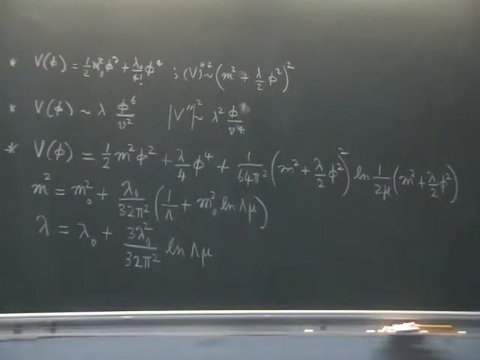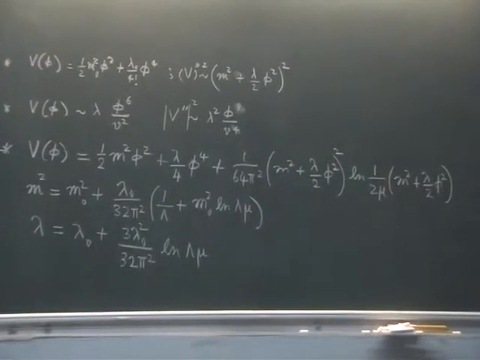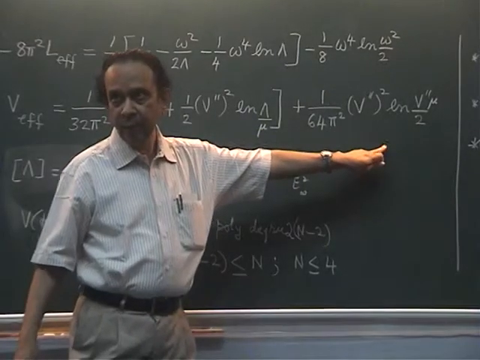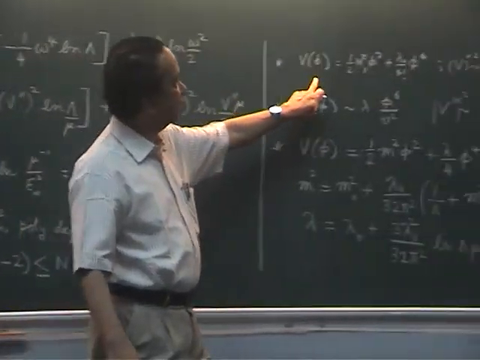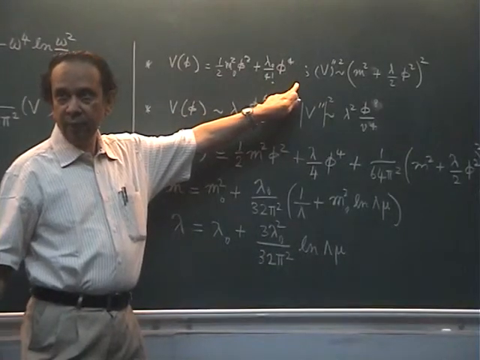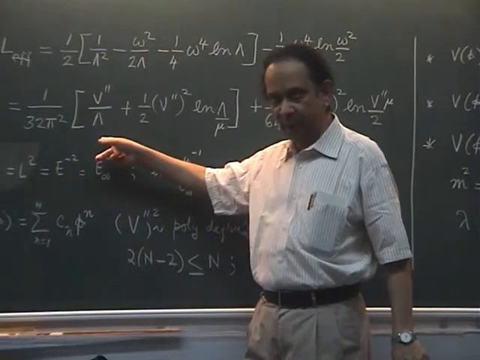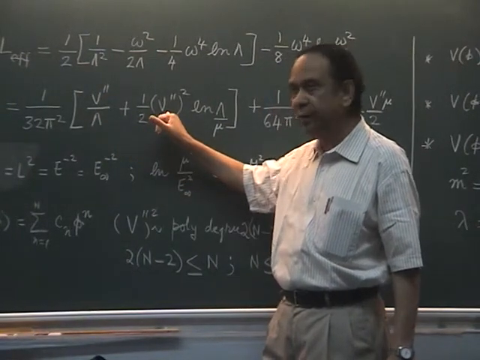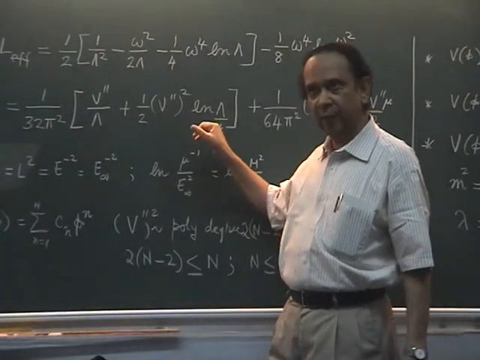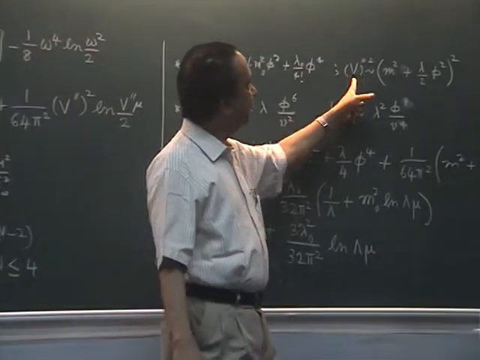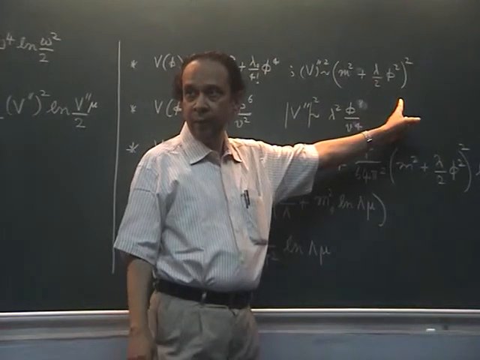So we have completed the process. Just to tell you what we have done, we take this expression for V effective, add to it this original term, and use this to compute this V double prime, V double prime square times this log lambda by mu. And when you do that, you are going to end up with terms which involve this, right?